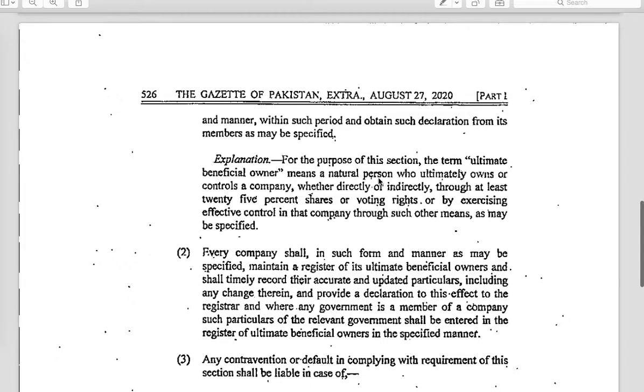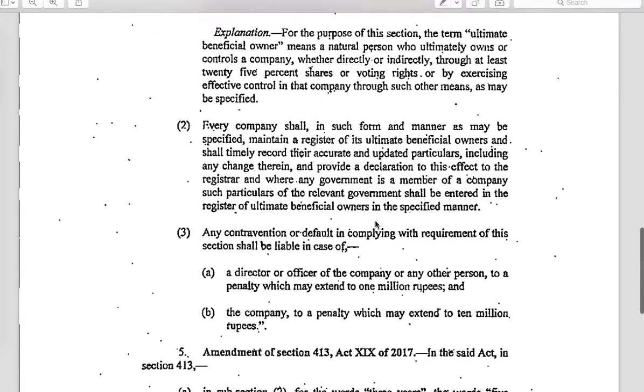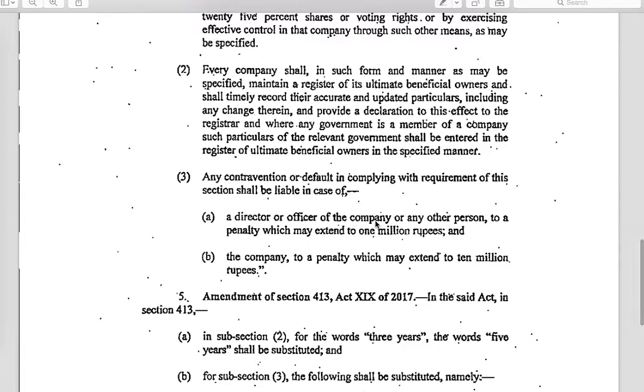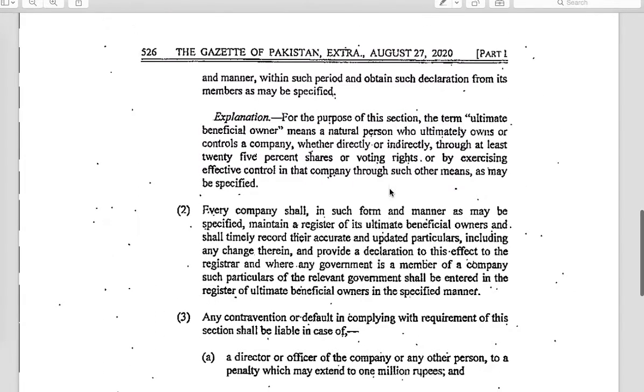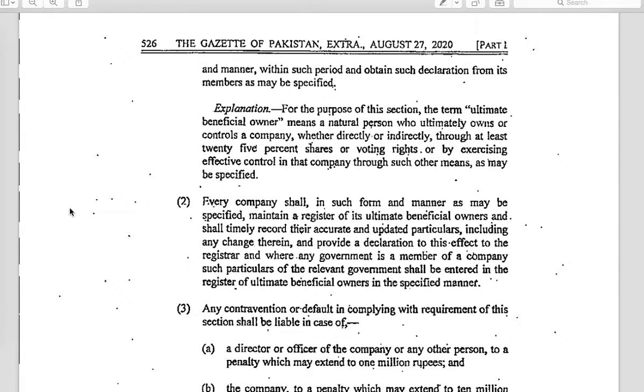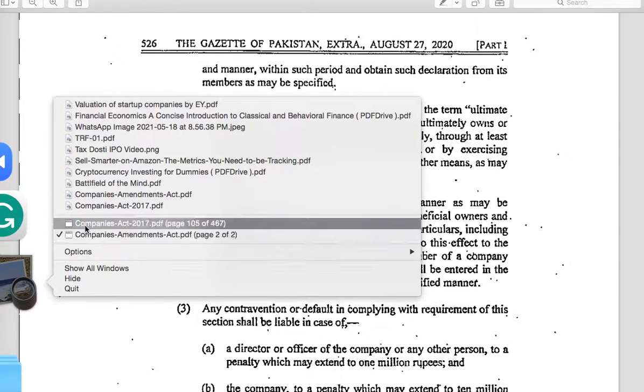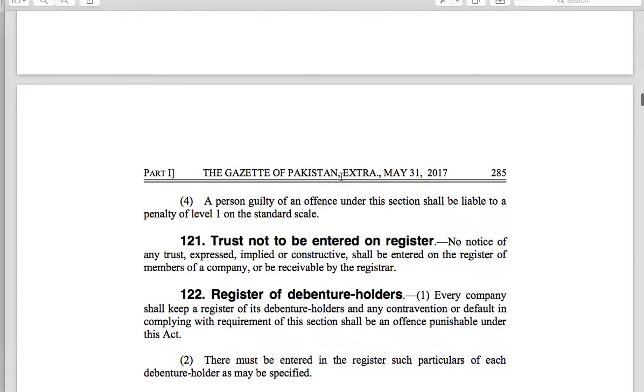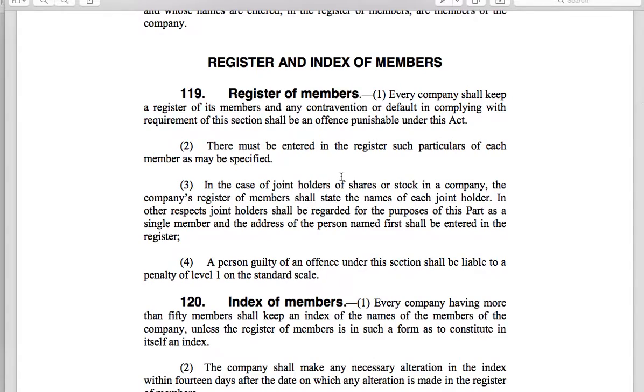These shareholders whose names are entered in the register of members are proxy members, and the ultimate beneficial owner is someone else who directly or indirectly holds 25% shares or more and effectively controls the company. This section says that a register has to be maintained of these ultimate beneficial owners along with all of the shareholders, as we saw in sections 119, 120, 121.